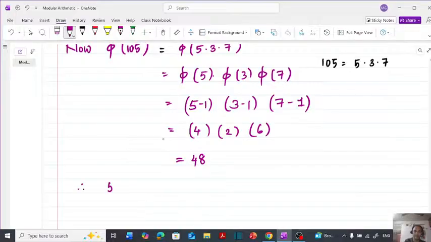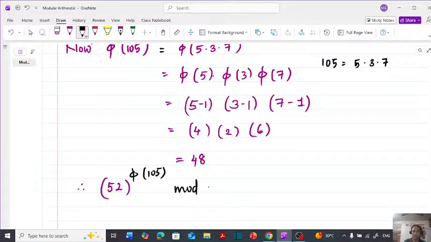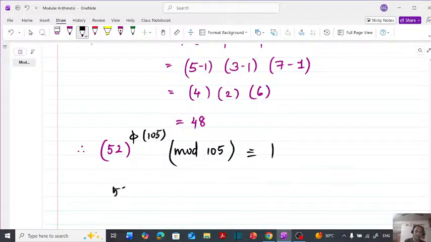Therefore 52 raised to 48, right? So 52 raised to the Euler totient function of 105, modulo 105, is 1. So this is 52 to the power 48 mod 105 is 1.